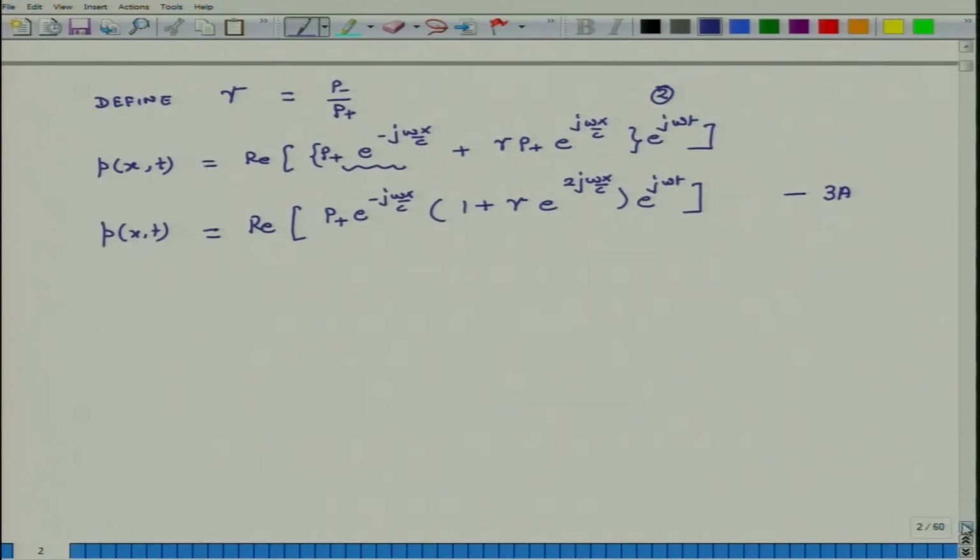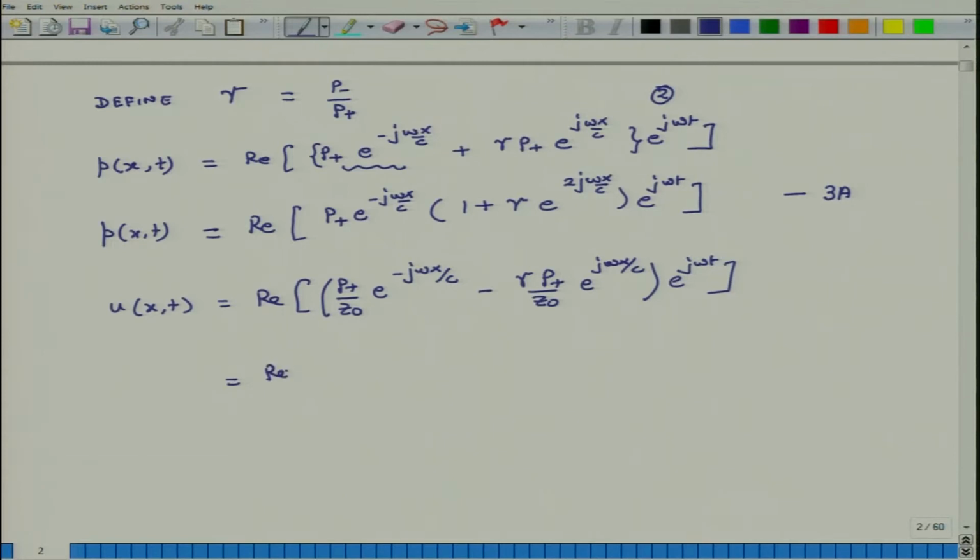Similarly, if I use the first equation and develop an expression for velocity, that is the real part of (p plus by Z naught e^(-jωx/c) minus gamma p plus by Z naught e^(jωx/c)) e^(jωt), and from here I get the real part of p plus by Z naught e^(-jωx/c) (1 minus gamma e^(2jωx/c)) e^(jωt).